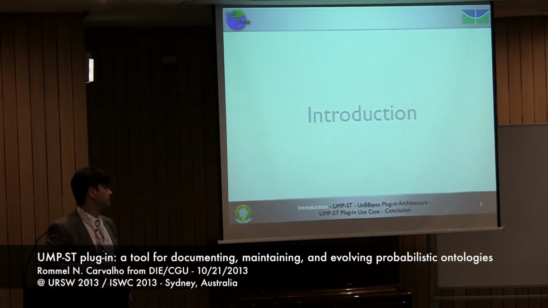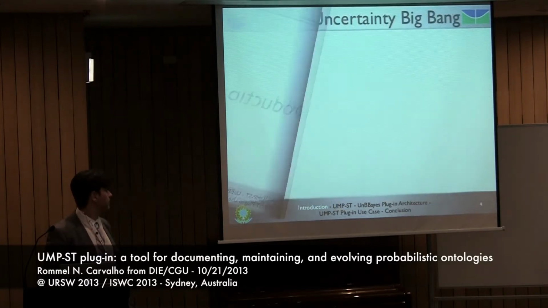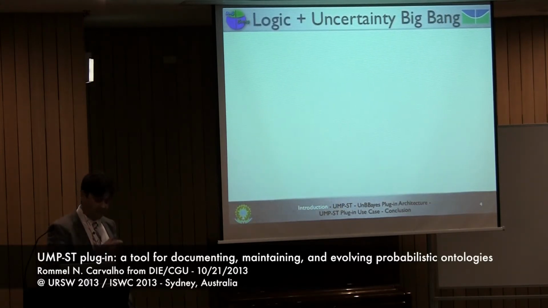Okay, so a little bit about the introduction. And I'm calling this here the big bang of logic plus uncertainty: in the past few years, I've seen a lot of different languages being proposed for extending logic to deal also with uncertainty.